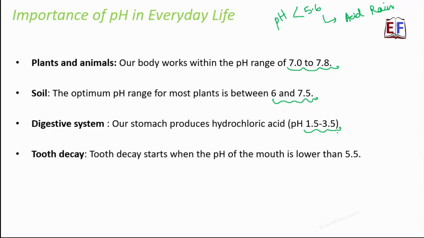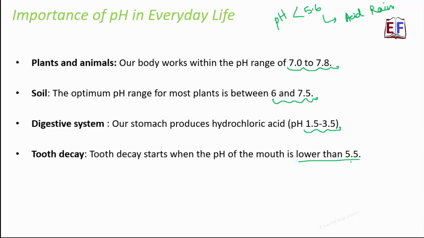Tooth decay. Here again we see pH has a critical role. Do you know how tooth decay starts? Tooth decay starts when the pH of the mouth is lower than 5.5. Because normally, while we chew food, some of the food particles stay in between our teeth. Bacteria in the mouth break down these leftover food particles, producing acids.